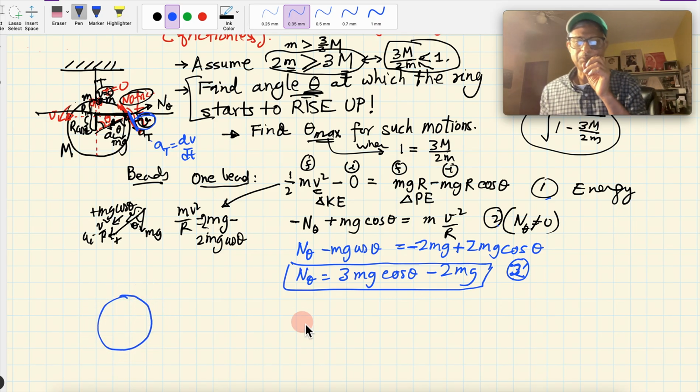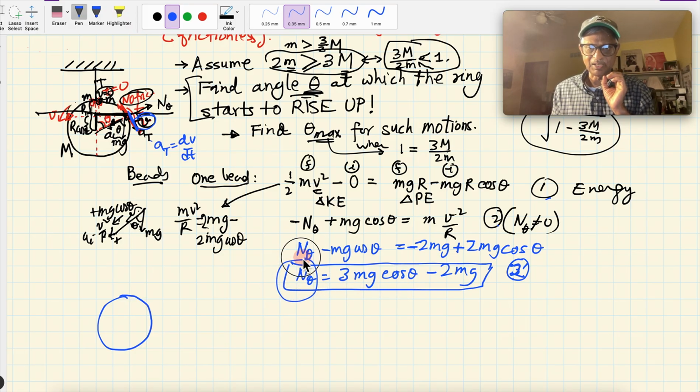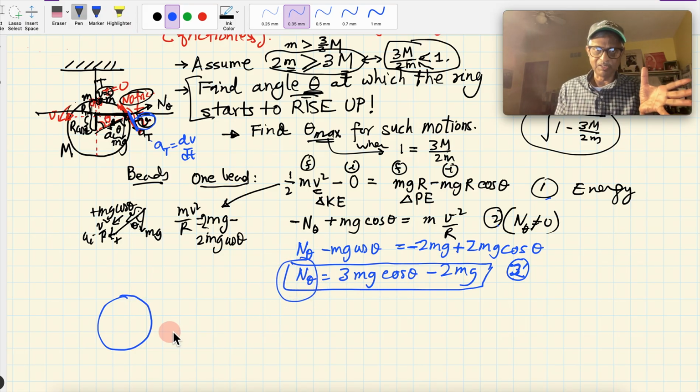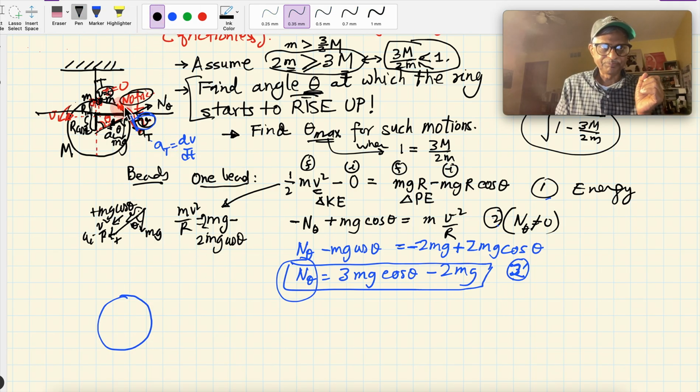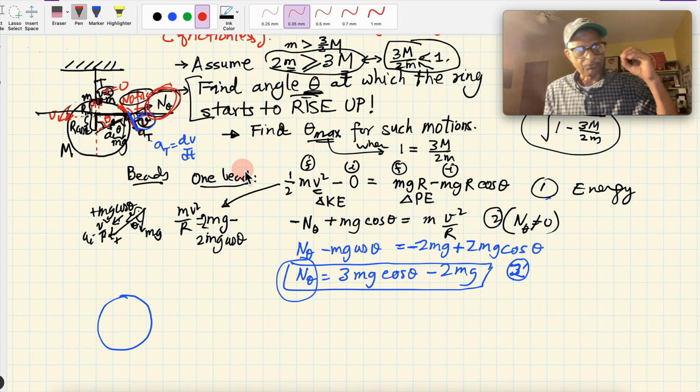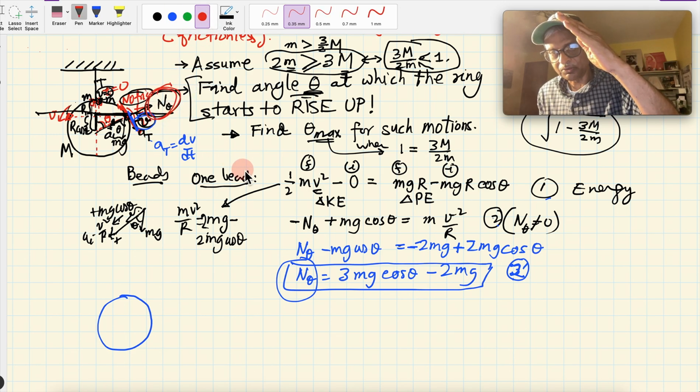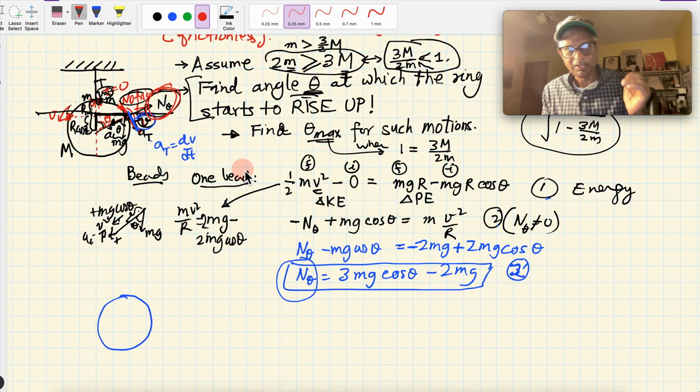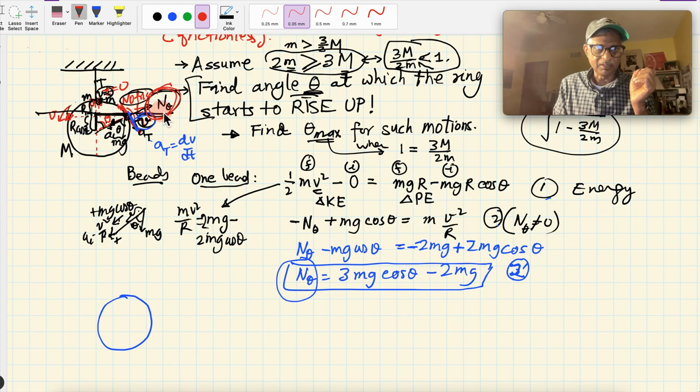So for the ring, I'm going to draw the force picture, because we are going to have to use this guy somehow from the ring. If you look at this force here, this is from the ring on the bead, right? So this N theta is from the ring.